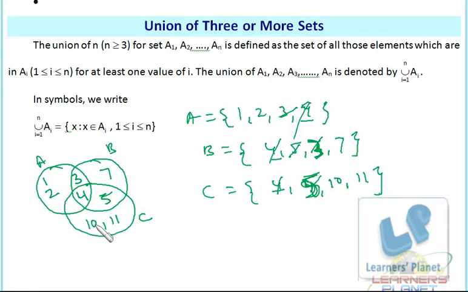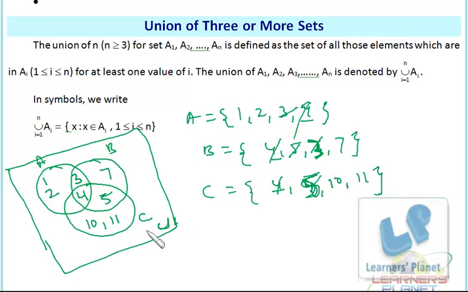So 10 and 11. This is the representation of data by way of a Venn diagram, and this is the universal set U. So this is how we present data with the help of a Venn diagram.